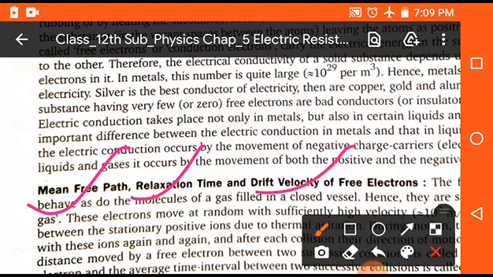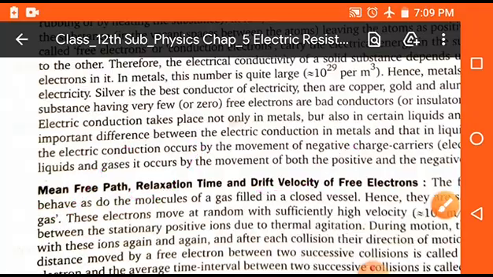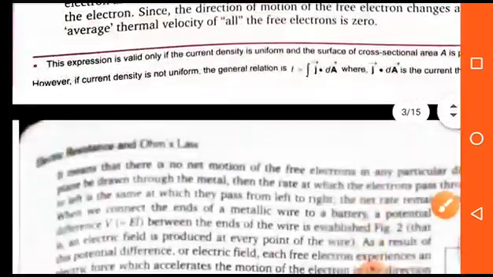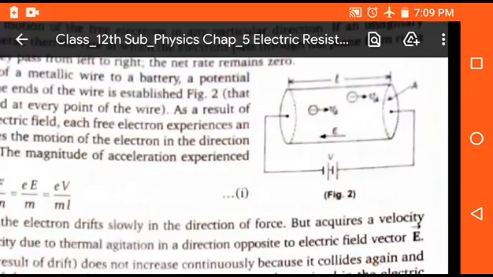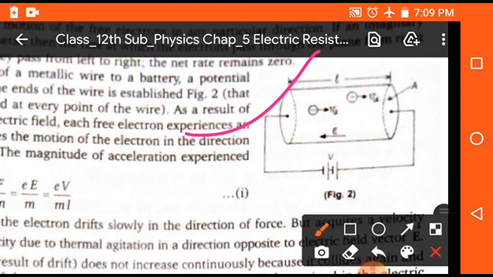And the important topic is drift velocity. It is generally asked in the examination. In order to understand drift velocity, we have to consider a diagram. There is a conductor whose length is small l, connected to a source whose potential is V. When it is connected to a source, the flow of current takes place from high potential to low potential, and the motion of electrons is just opposite to the motion of electric current.